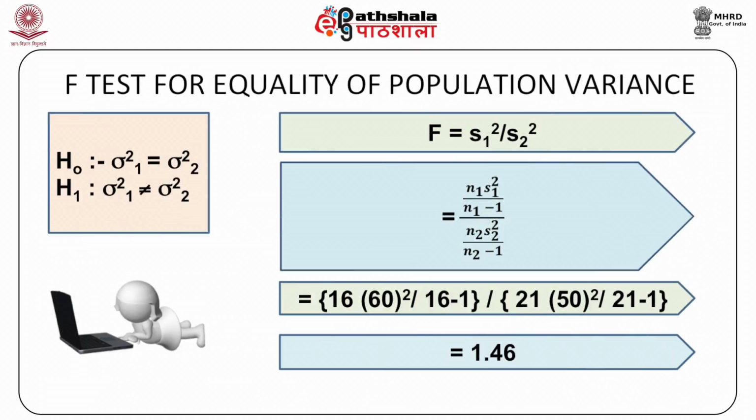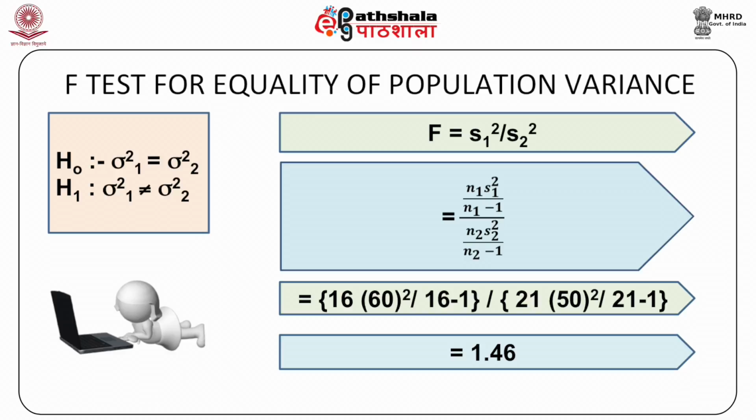Solution. Here the null hypothesis is that sigma 1 squared is equal to sigma 2 squared. The alternative hypothesis is that sigma 1 squared is not equal to sigma 2 squared. The F statistic is given as S1 squared by S2 squared, which is equal to N1 S1 squared upon N1 minus 1, whole upon N2 S2 squared upon N2 minus 1.